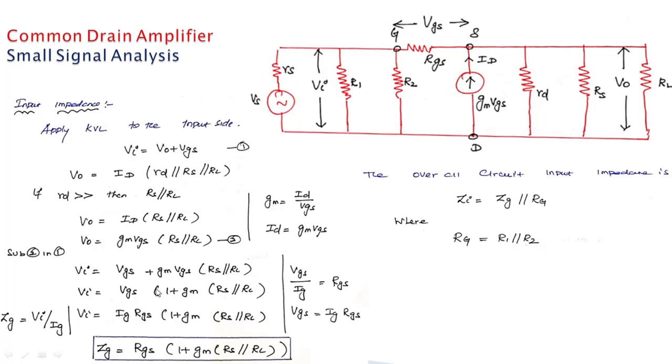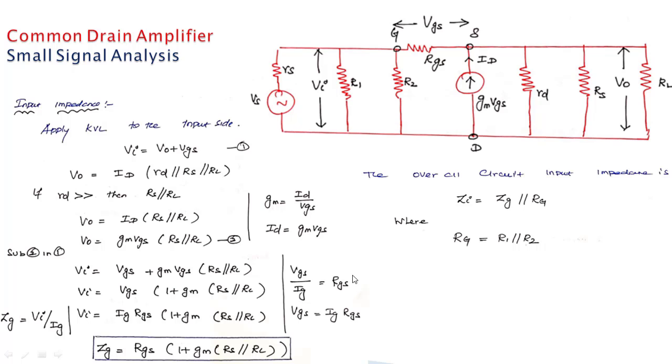Again, instead of VGS, what can we substitute? Here RGS is given by Ohm's law. RGS is given by voltage divided by the current. So here this is VGS, the voltage across this RGS is VGS, and the current through the gate is IG. So RGS can be written as VGS divided by IG.